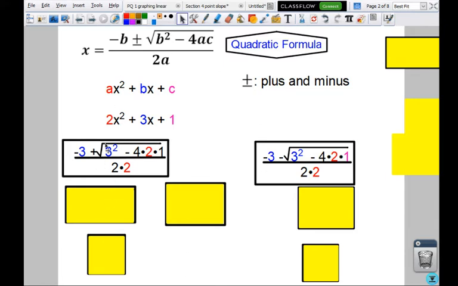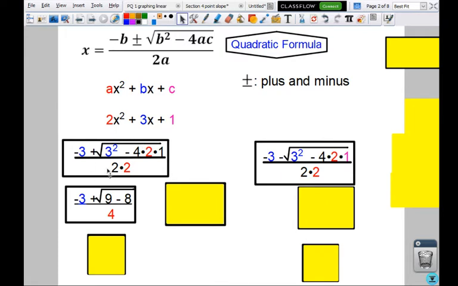So, I'm going to start with the stuff inside my square root here. 3 squared is 9, right? And then minus 4 times 2 times 1. 4 times 2 is 8. Times 1 is still 8. So really inside there, I have 9 minus 8. And my bottom part, the 2 times 2, is really 4.